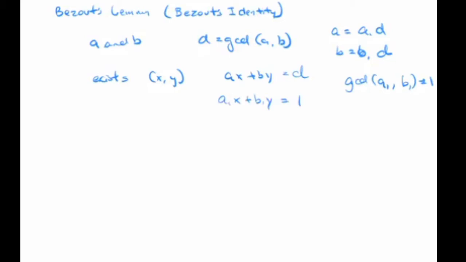So basically, this is the same as if a and b are relatively prime, then there exists a solution to ax plus by equals 1. Okay, we can prove this. So first we claim that there exists an x such that ax is congruent to 1 mod b.